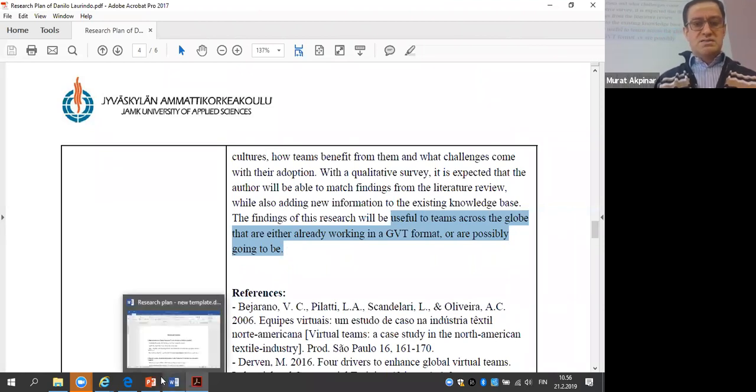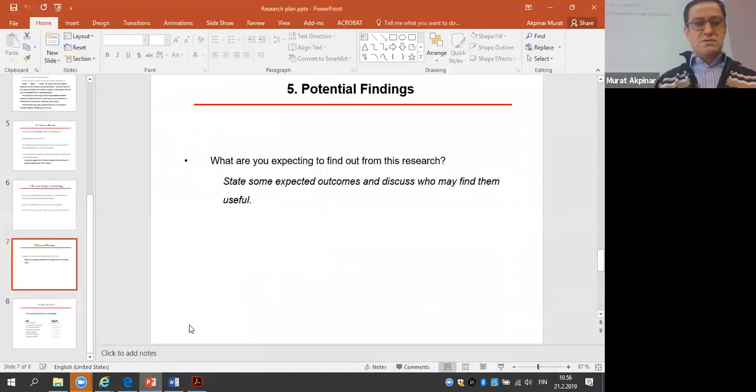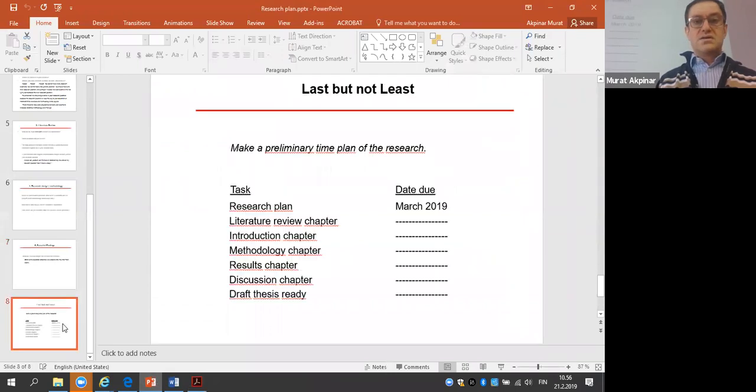There is one last section, and that is the time plan. I have divided the thesis into certain parts, as we will also be proceeding in our seminars. The first target is to deliver the research plan.